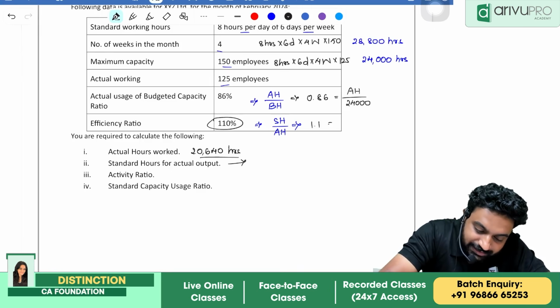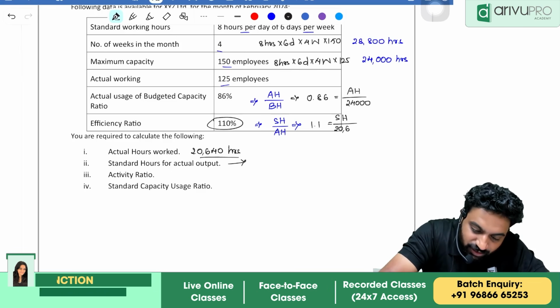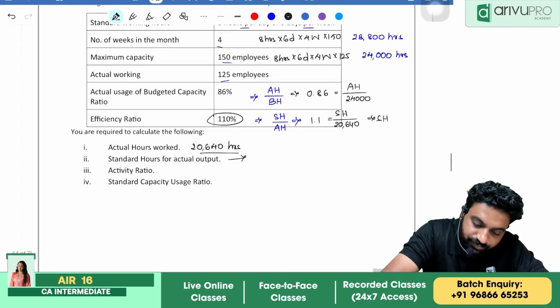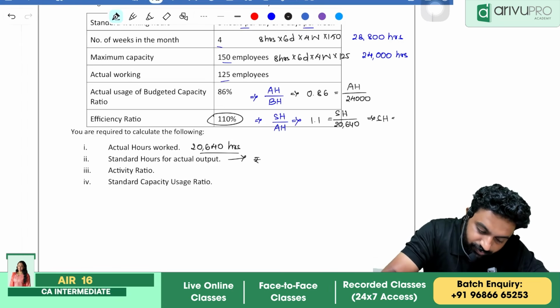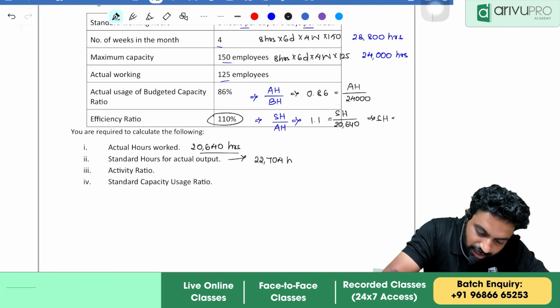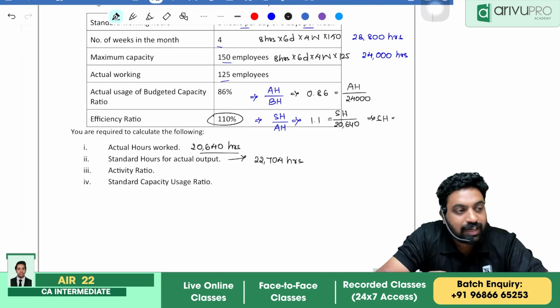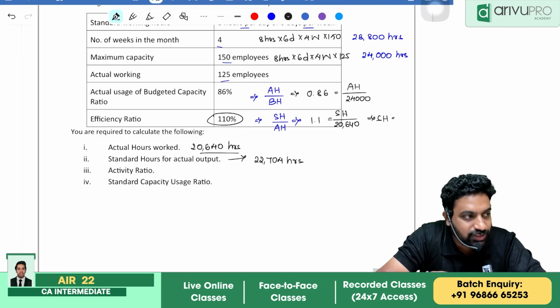So 1.1 is equal to standard hours, which we don't know, divided by actual hours, 20,640. Standard hours is equal to 22,704 hours.